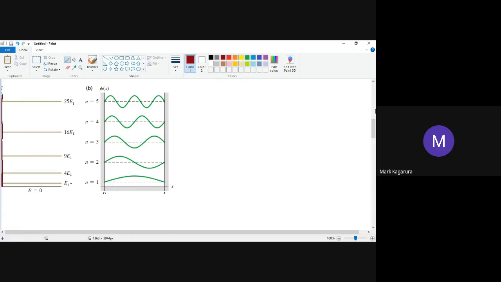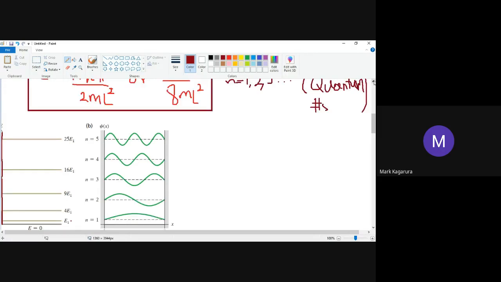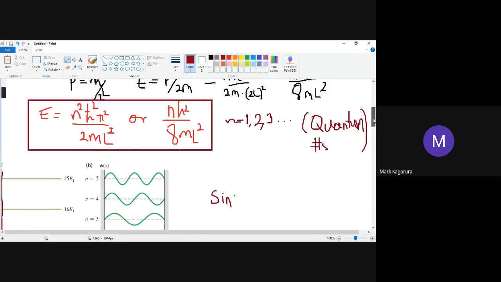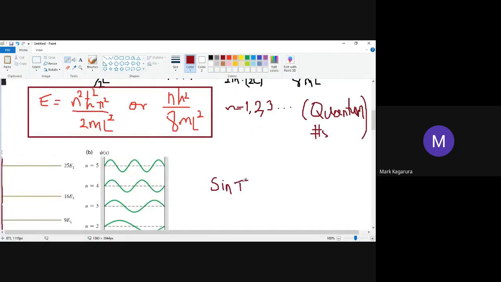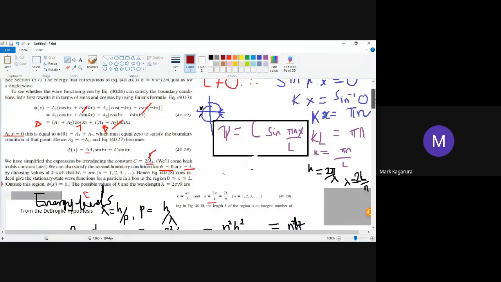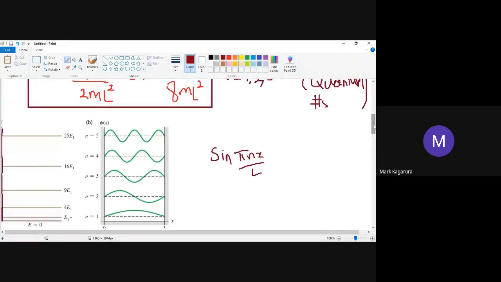When n is equal to 1, you can substitute back from your sine, n pi x over L. So when n is equal to 1, you have sine pi x over L, and we need to first normalize this.